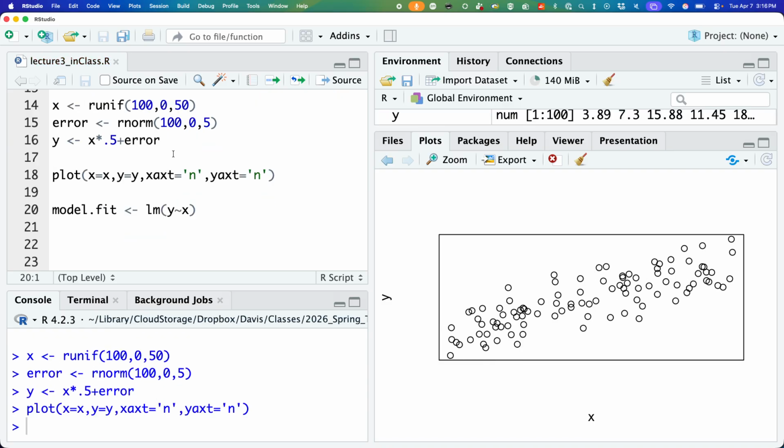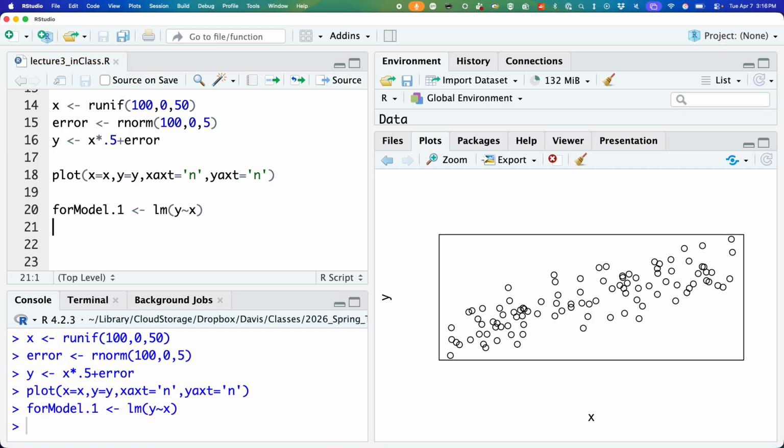I'm gonna make more data points here, so I'm doing 100 instead of 20 draws, and I changed the values a little bit. And I'm actually gonna call this example model 1.